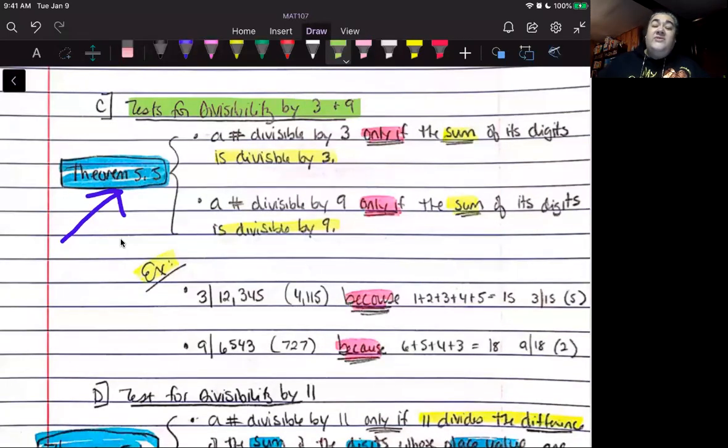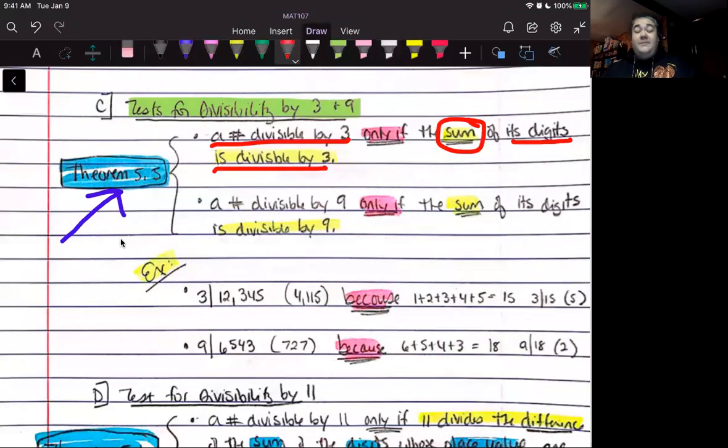The divisibility tests for 3 and 9 state the following. Okay, it states that if a number is divisible by 3, it will be so only if the sum of all of its digits is divisible by 3. So that means whatever the size of that number, you have to take all of the individual digits, add them together, and then check to see if 3 can divide into that sum evenly with a remainder of 0.